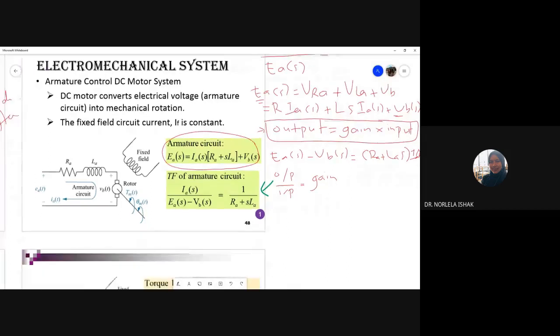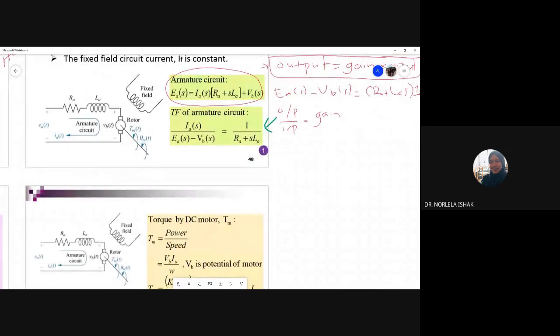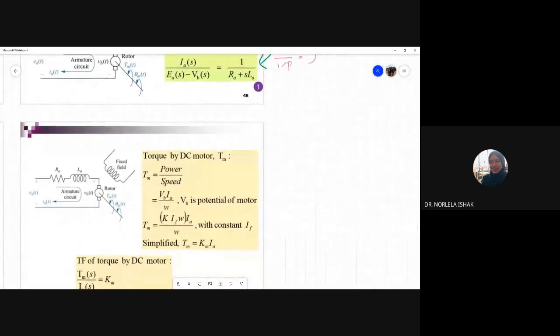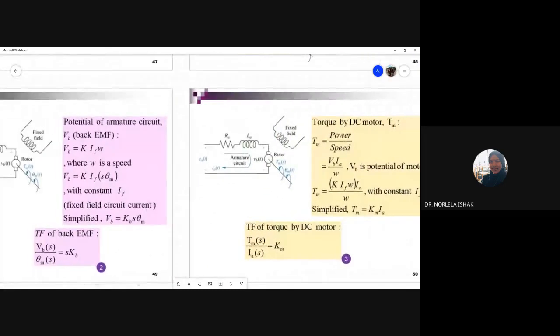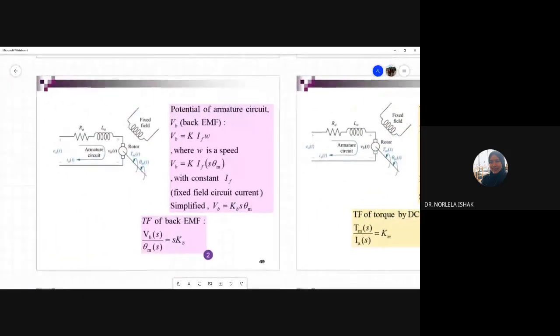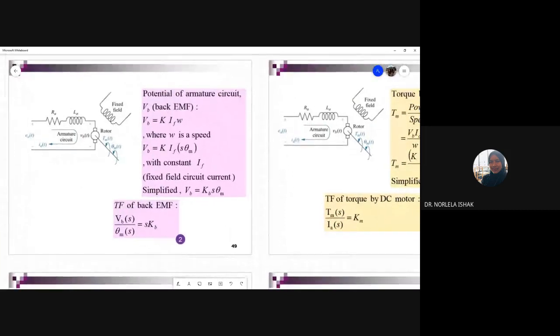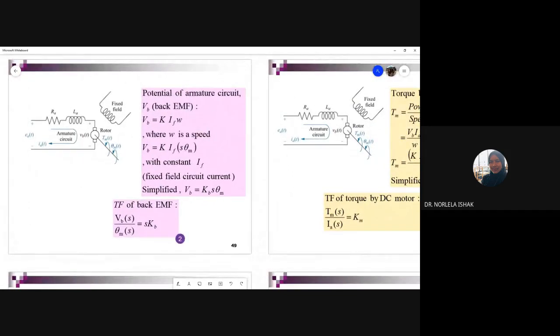Okay, next. This is the next equation. We finished deriving our armature circuit. Second, you have to find our second subsystem. What's that?